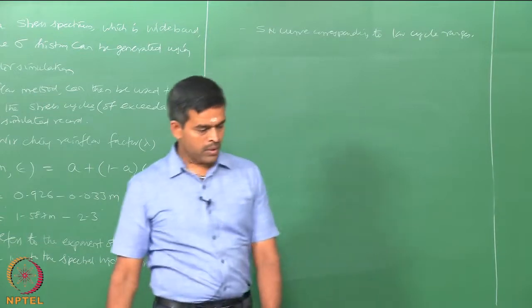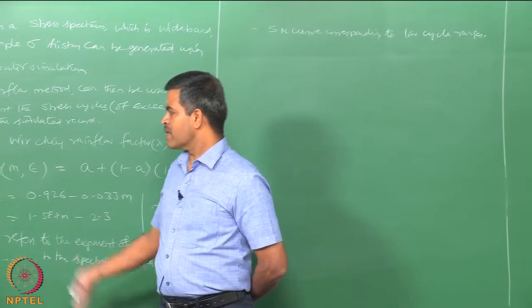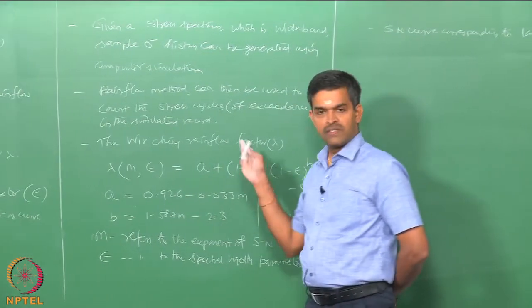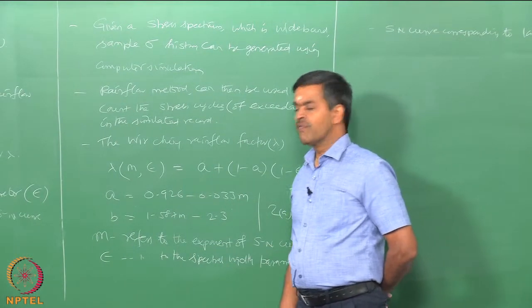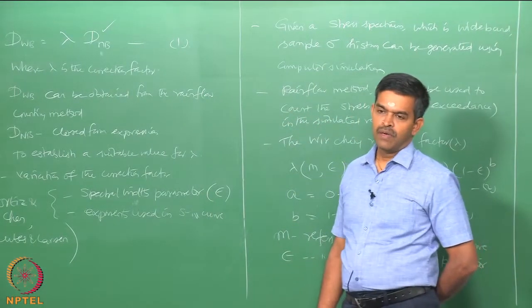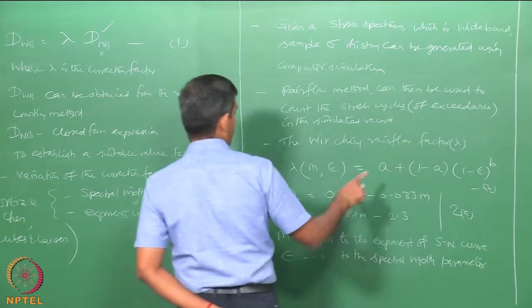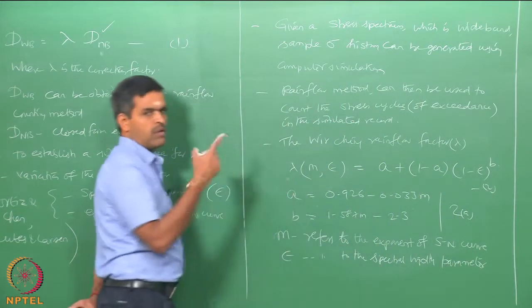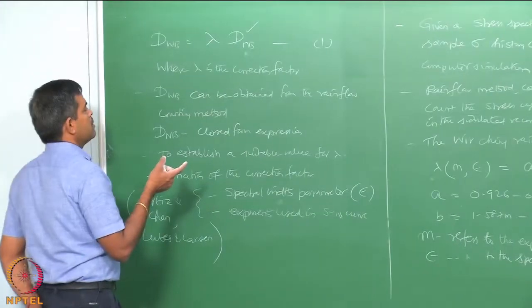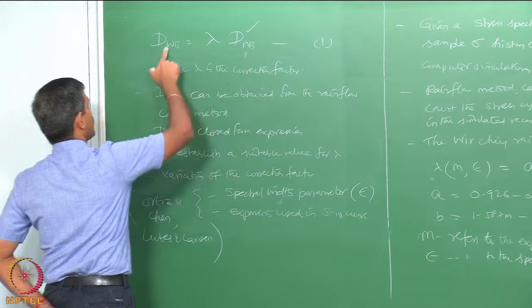That is important. So, one can either find the upcrossings of the stress cycle history directly from the wide band of the real sea state using the rain flow, and using Wirsching's factor one can convert the damage obtained from the narrow band to that of the equivalent wide band.